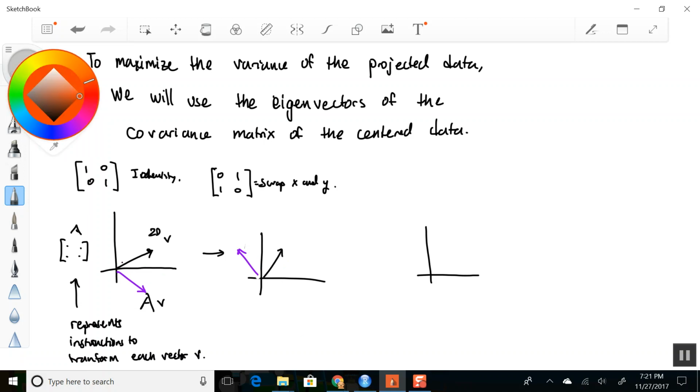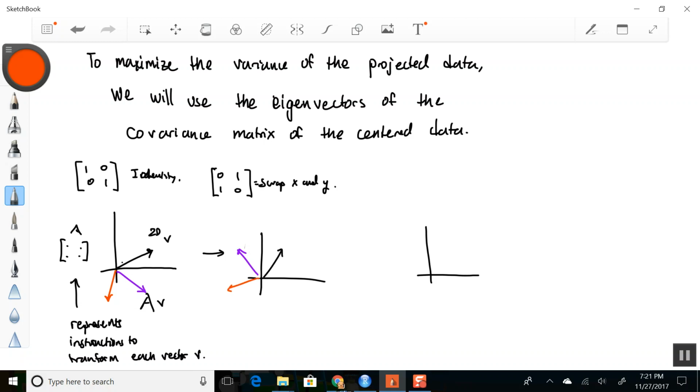And if I had this vector, then the resulting vector would be, what would it be? I swap the x with the y, so I think it would end up being like this.